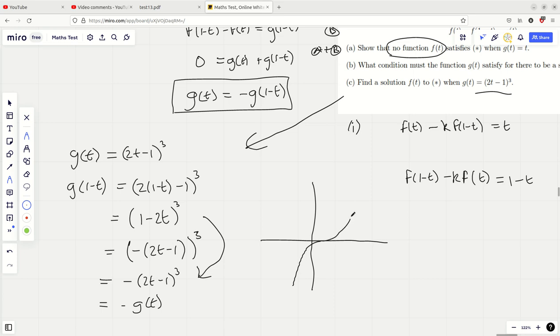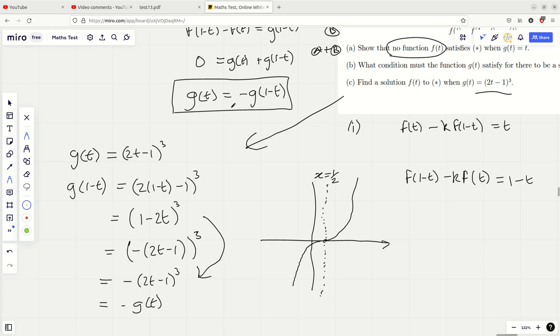Try to draw this really carefully. This shows you that you can reflect it in the line x equals a half, and then reflect it in the x-axis, and you get back to where you started.